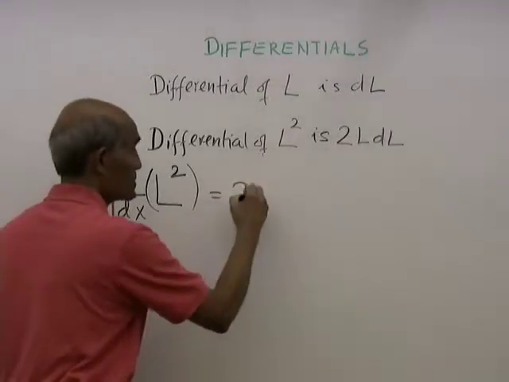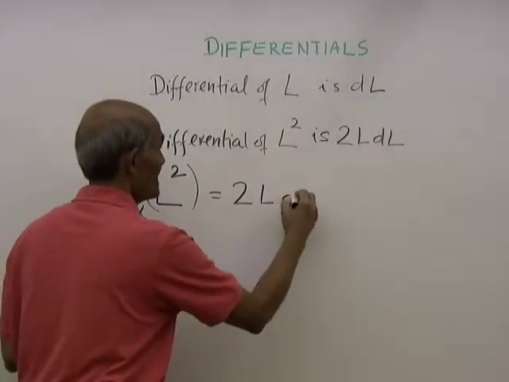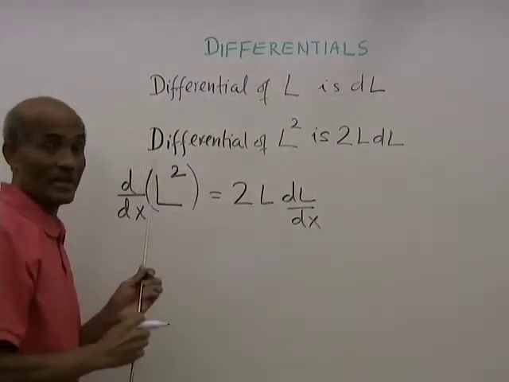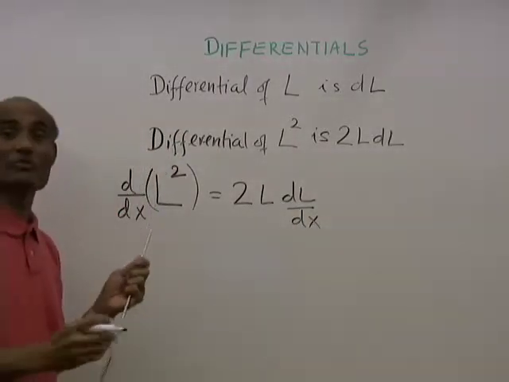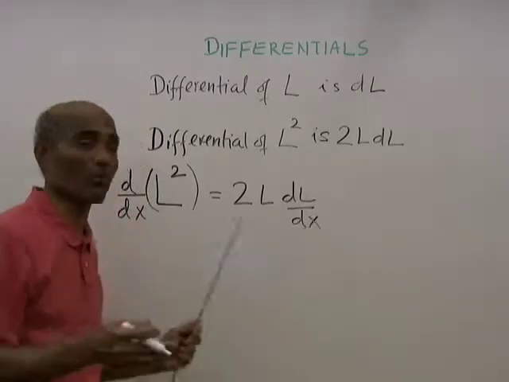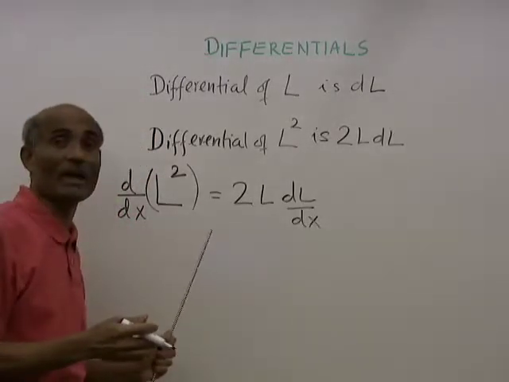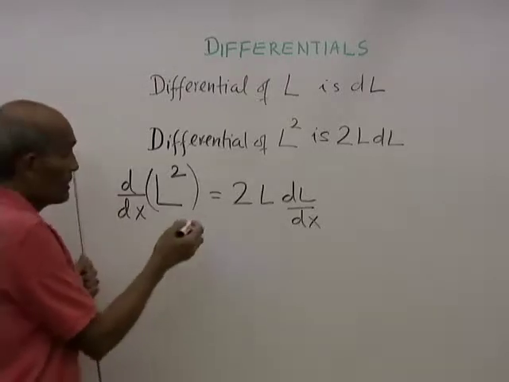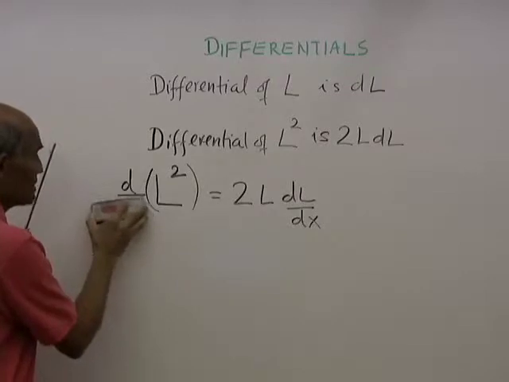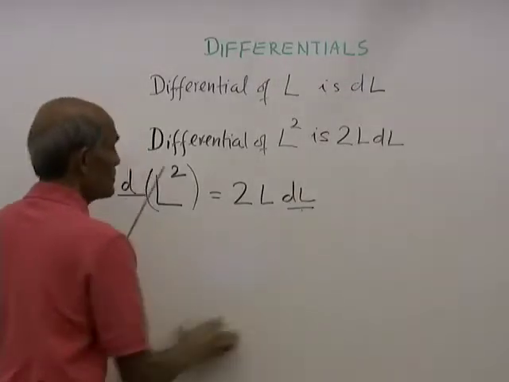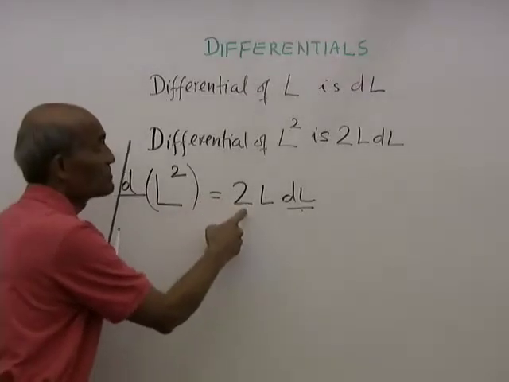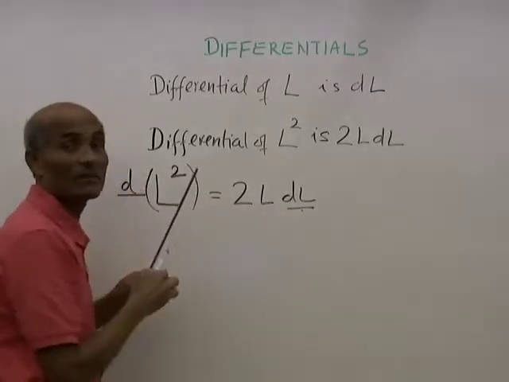That will be 2L dL by dx. Now, in this particular case, we are not measuring relative to any other variable. There is no x in there. So, all we need to do is just remove this x, and we will read it like this. Differential of L squared is 2L dL.